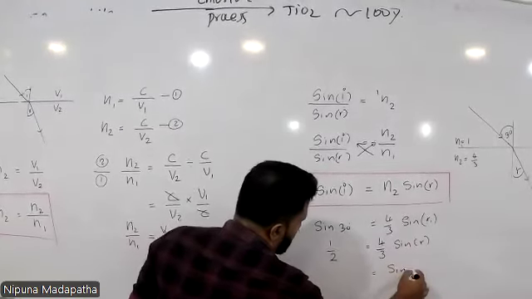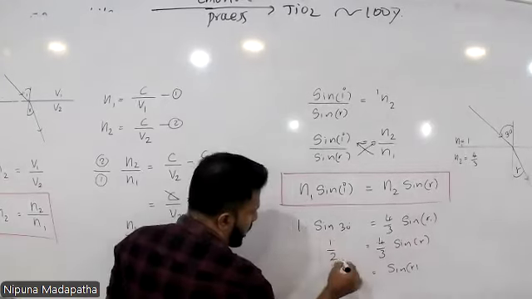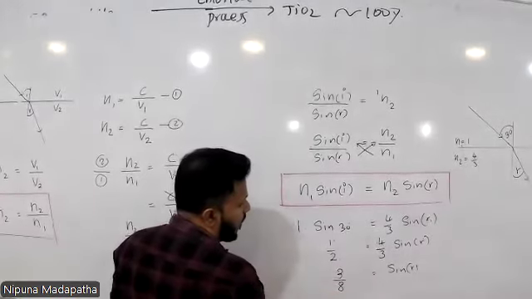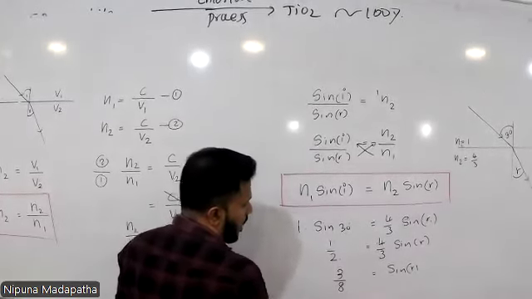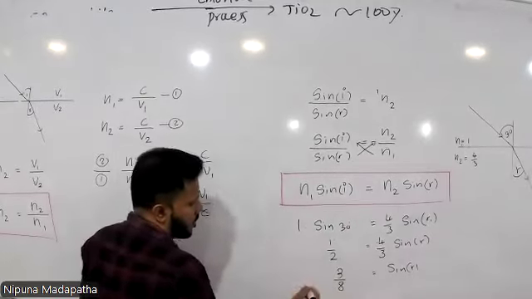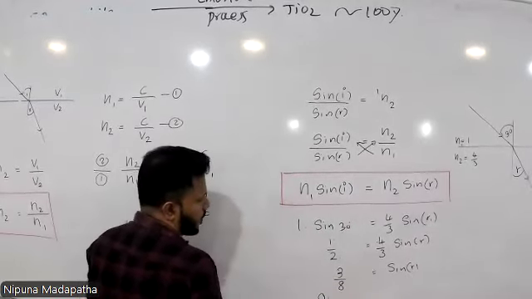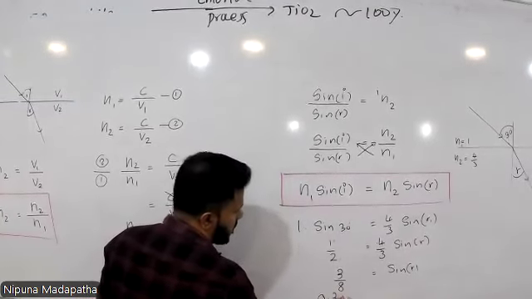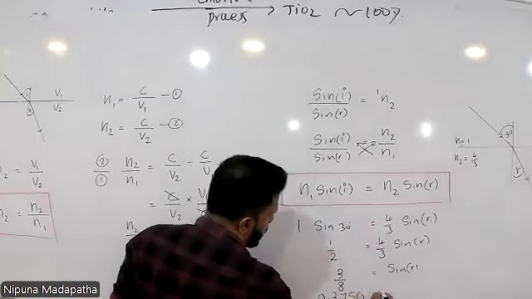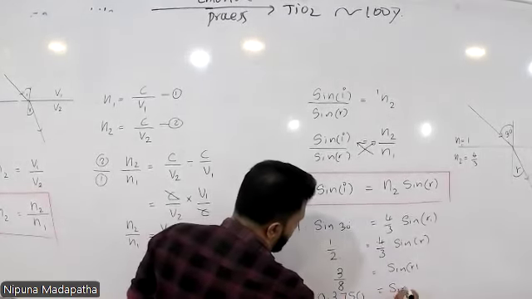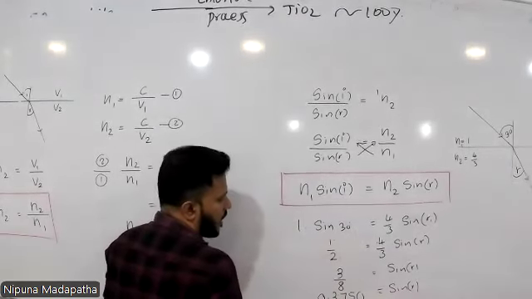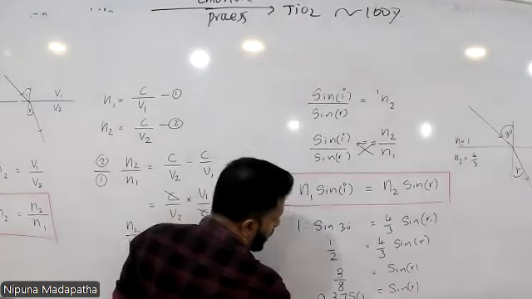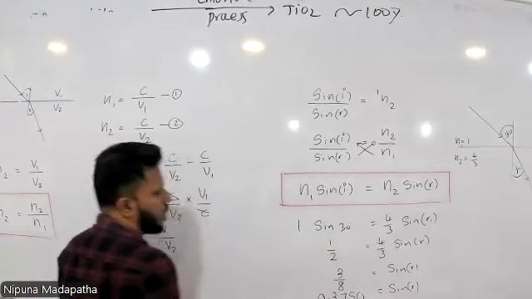So making sin r the subject, sin r is 3 over 8. Now you need to simplify this. Get the answer to 4 digits: 0.3750. Then go to the sine table and find the angle.